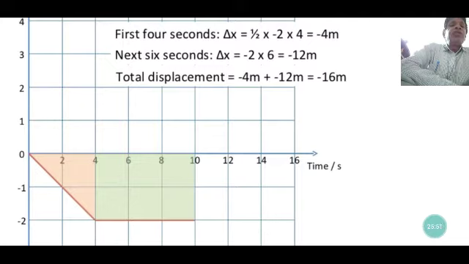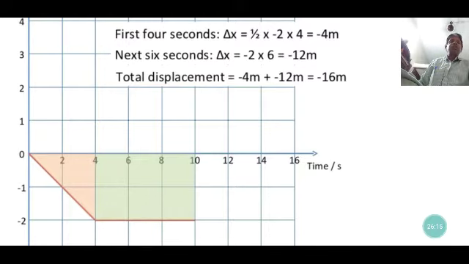So 4 meter is the displacement area under the velocity time graph for the first 4 seconds. Now the next 4 seconds, the velocity of the object remains -2 meter per second. Now the area is equal to -2 into 4, that means 12 meter.